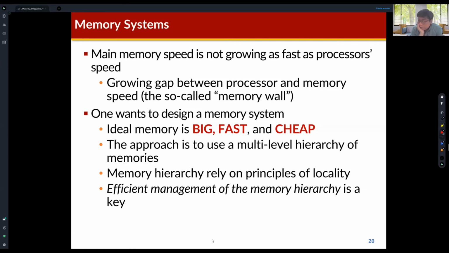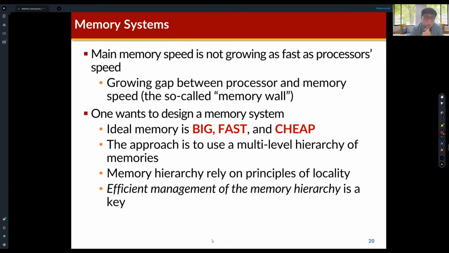If you just focus on the clock frequency of Intel CPUs, it is about 3 gigahertz, and recently it can reach 5 gigahertz. It's very fast. But how about the frequency of the main memory, like DRAM?